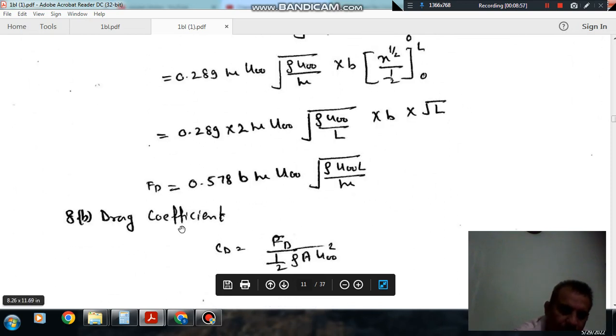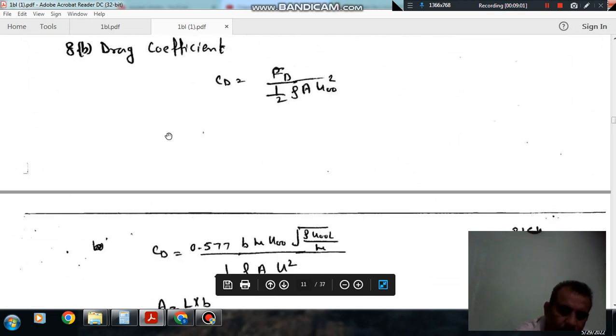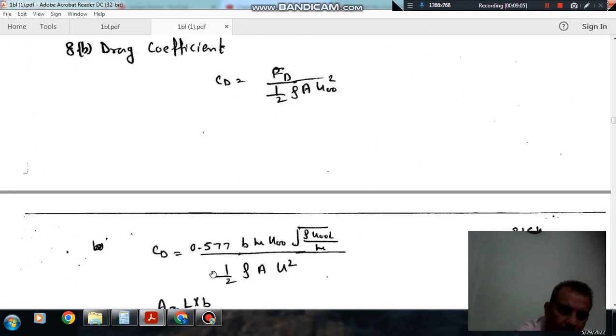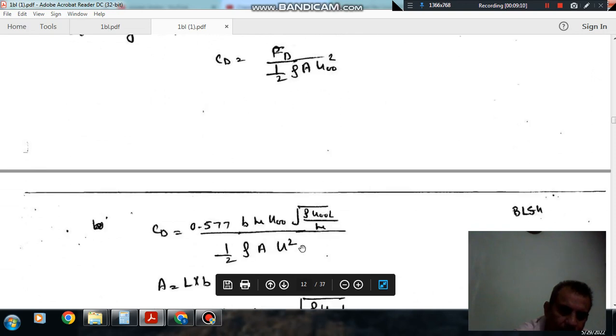Then drag coefficient CD is equal to FD by half rho u infinity square times A. So FD is this quantity, and half rho u infinity square is this quantity.